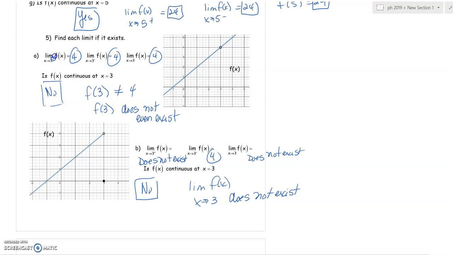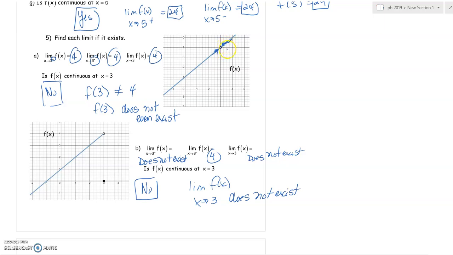As x approaches 3 from the left-hand side, notice that f of x is approaching 4. So since the right and the left-hand limits both exist and they're equal, the limit of the function as x approaches 3 is 4, and it does exist.